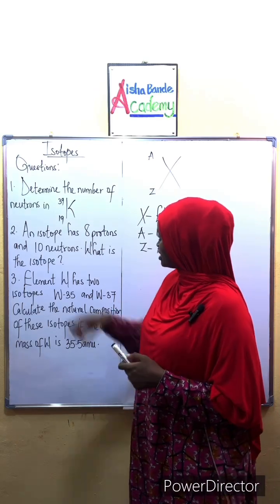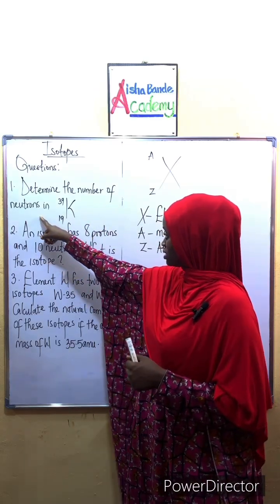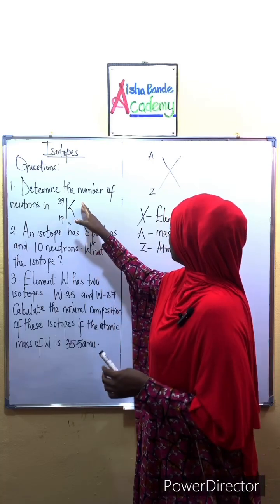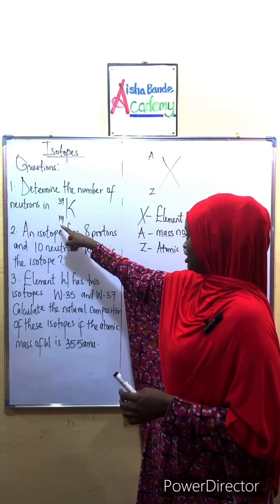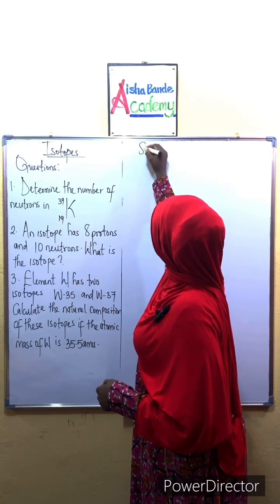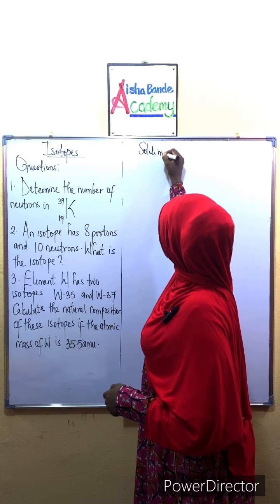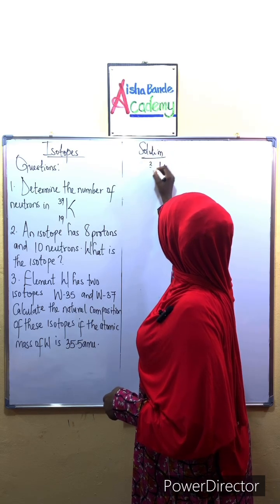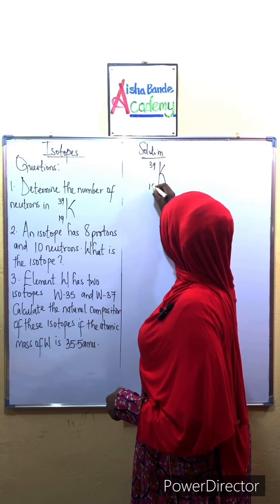The first one says, determine the amount of neutrons in this isotope. We have element K, which has the mass number of 39 and atomic number of 19. So, as we have element K, here we have 39 and 19.